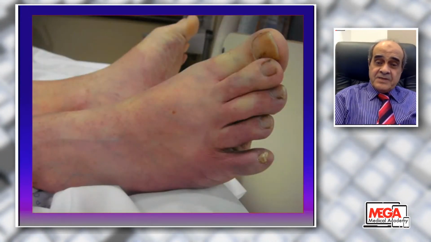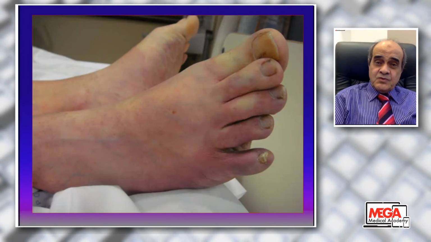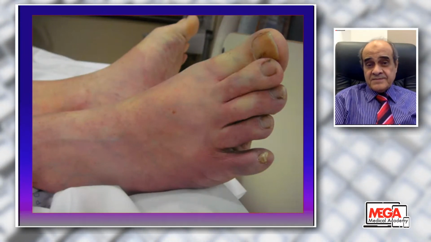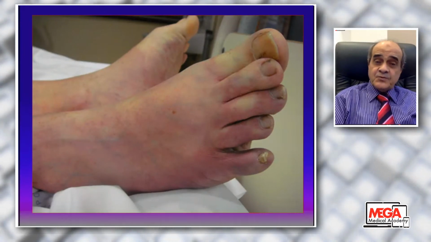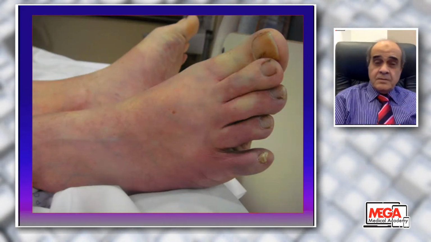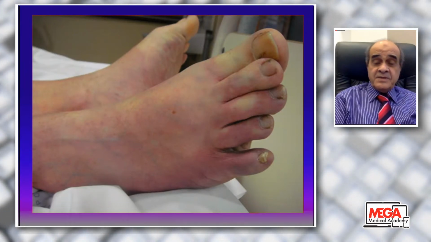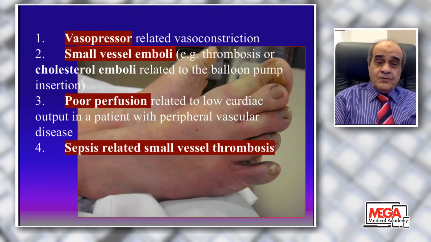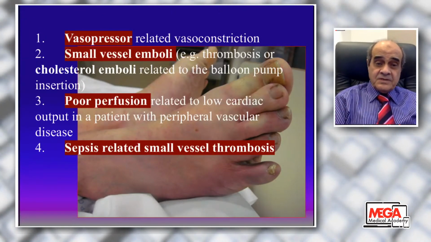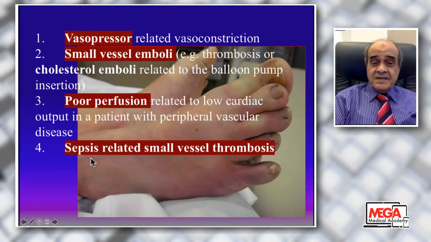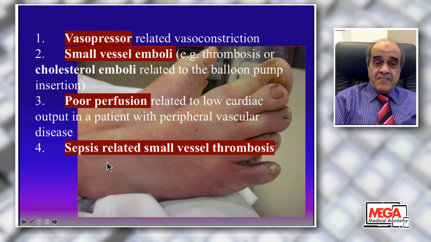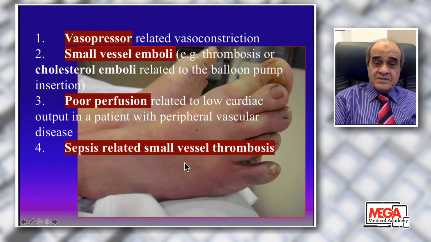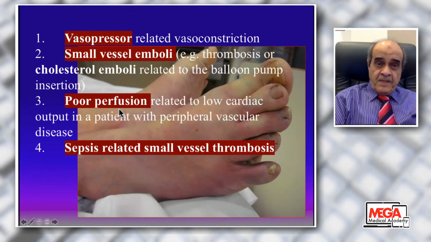This is a picture of the foot. Many causes can be suspected here: maybe from vasopressor use, maybe from emboli, maybe the patient is highly shocked with poor perfusion due to cardiac or peripheral vascular disease, or maybe sepsis related. This picture is of a septic patient with small vessel thrombosis.